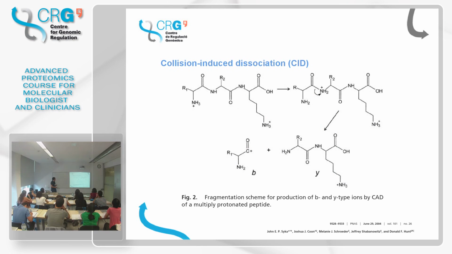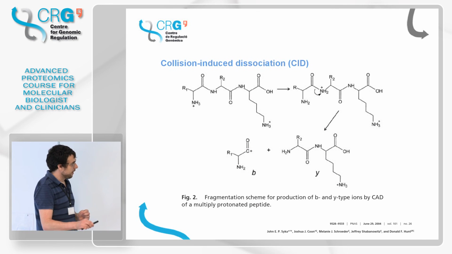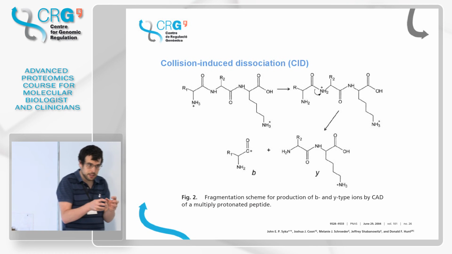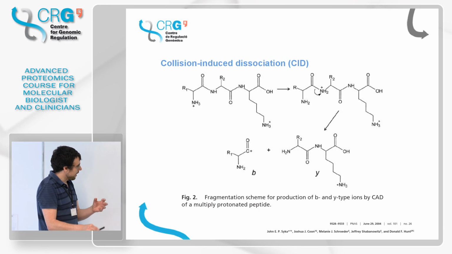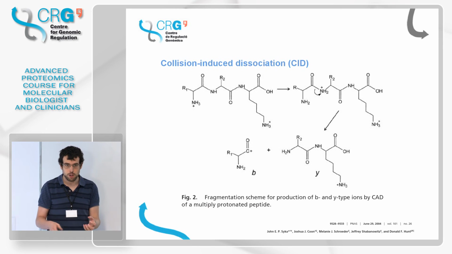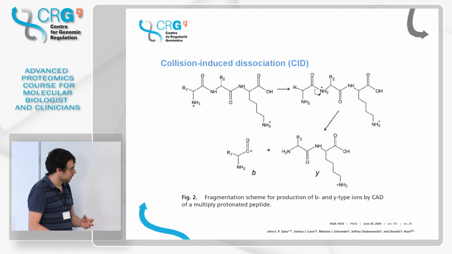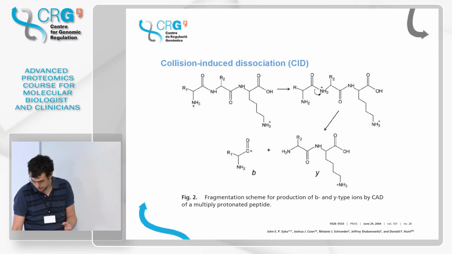So then we excite this molecule. The mechanism itself is not very important, but the concept is important, right? When this gets excited, there is a rearrangement of charges that leads to a break of the molecule into pieces, B and Y.